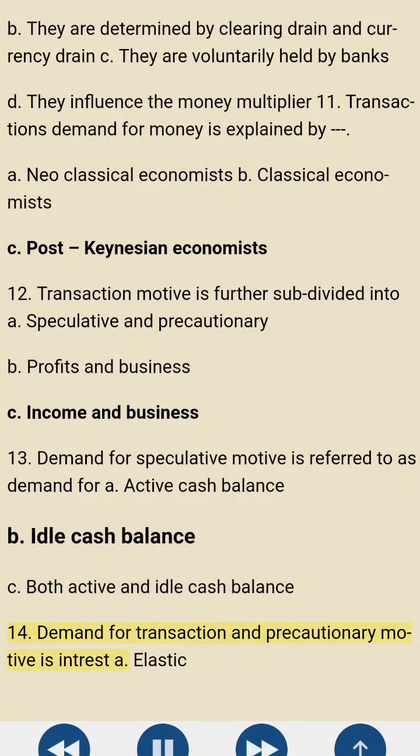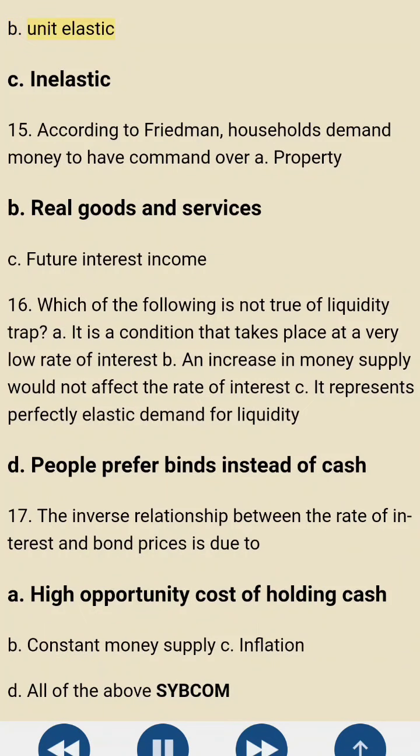14. Demand for transaction and precautionary motive is interest A. Elastic. B. Unit elastic. C. Inelastic. 15. According to Friedman, households demand money to have command over A. Property. B. Real goods and services. C. Future interest income. 16.